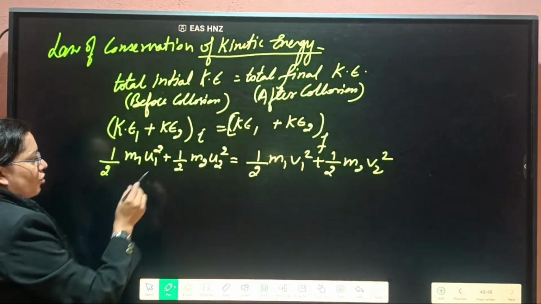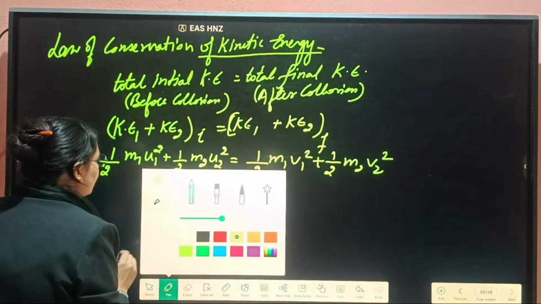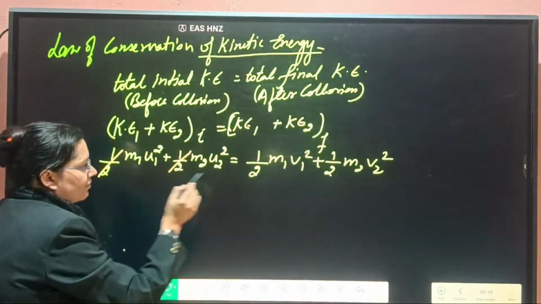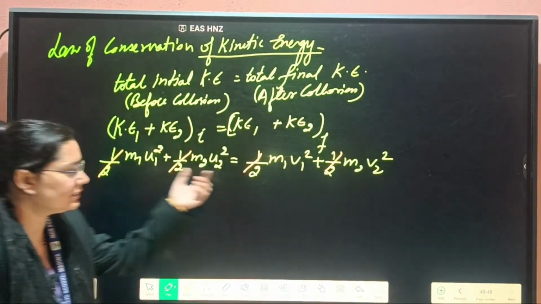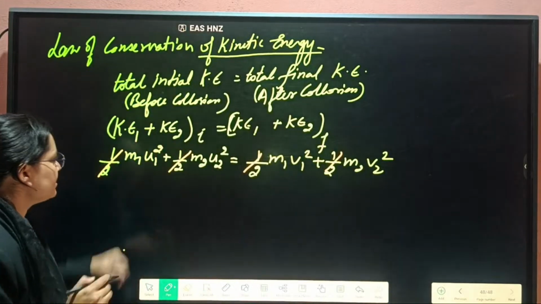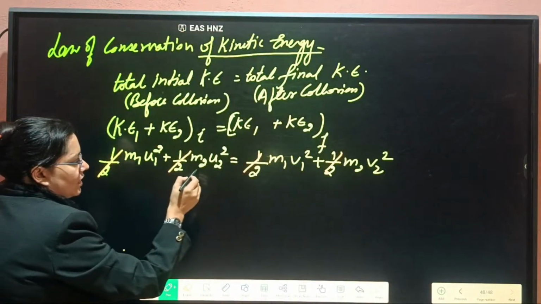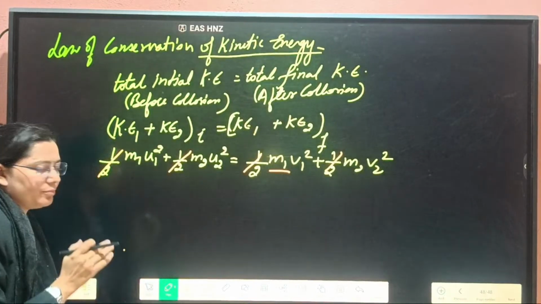Okay, so from here we can take half common beta, then this half, this half cancel out. यहाँ से half common निकालिए, इधर से half common निकालिए, दोनों साइड से half half cancel हो जाएंगे। तो यहाँ क्या बचेगा आपका m1 u1 m2 u2. So this one take one side m1, m2 take one side.